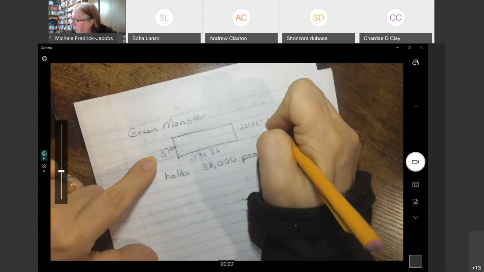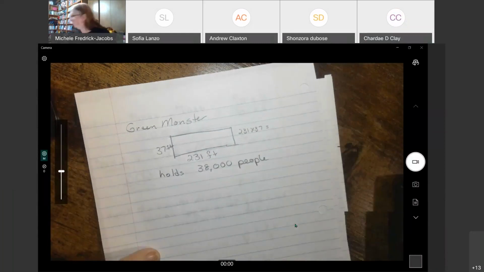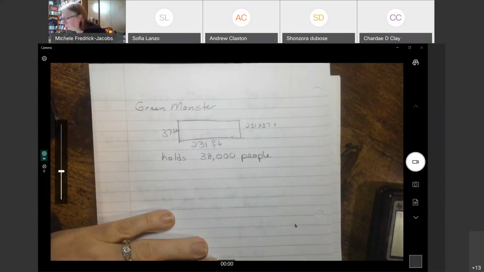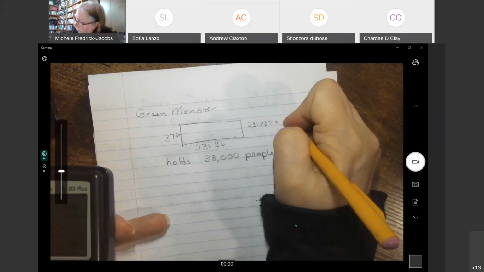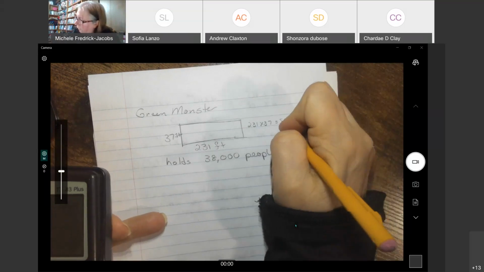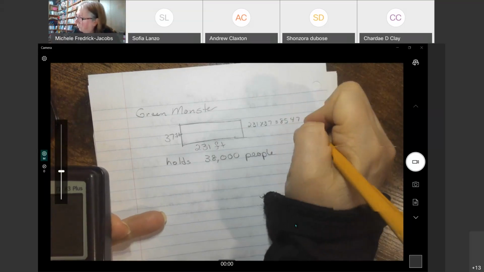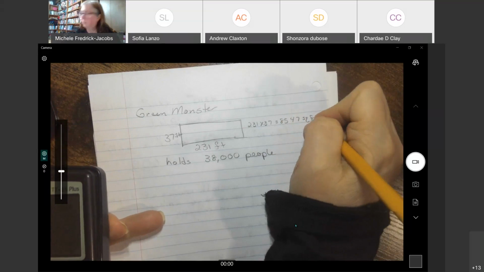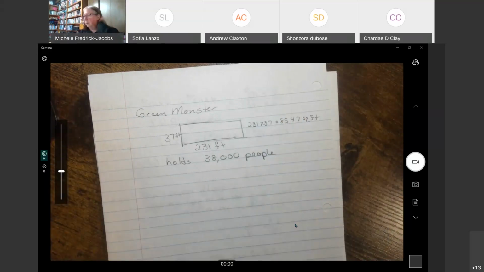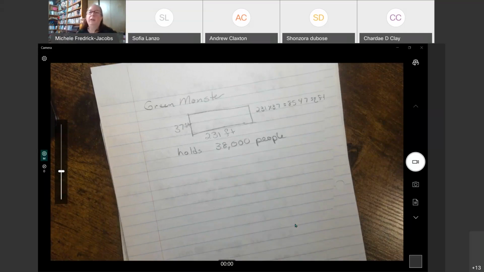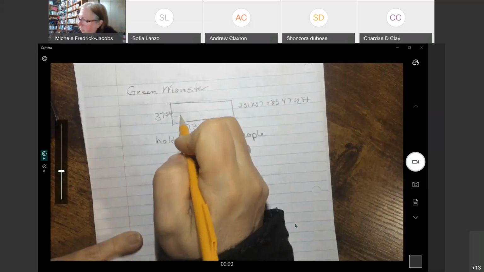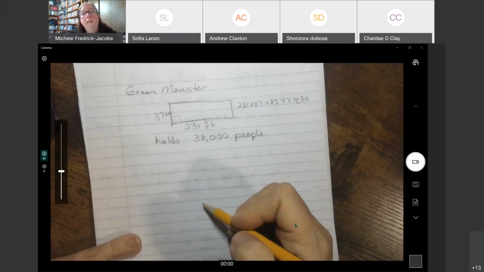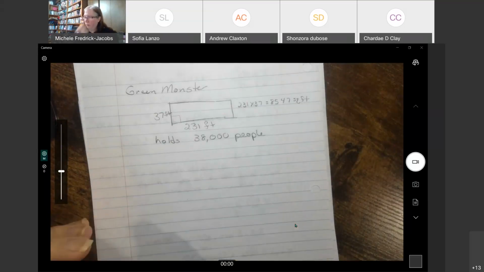And you could have rounded. You get 85,047 square feet. Then when I did it, what I did was think about just a square foot in there.